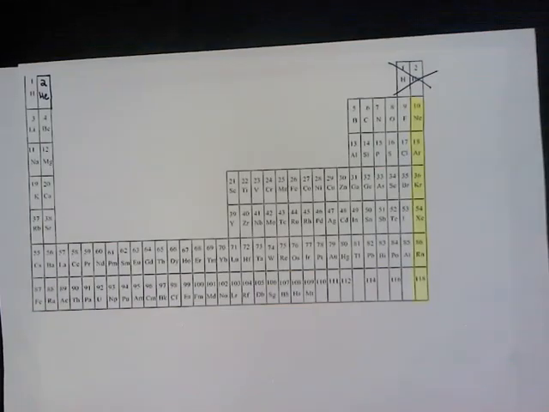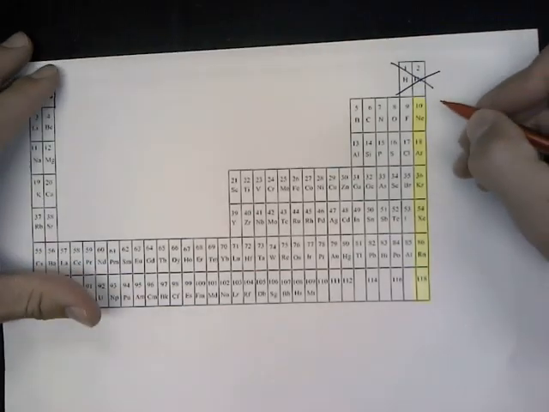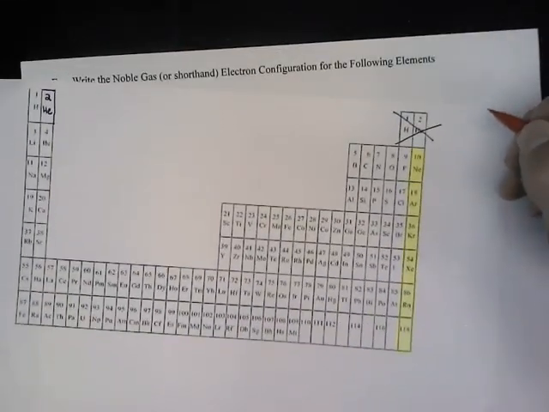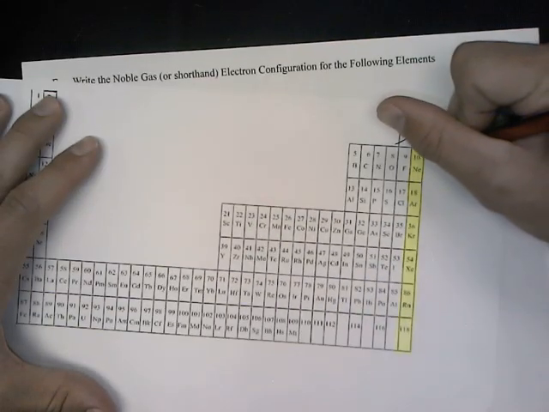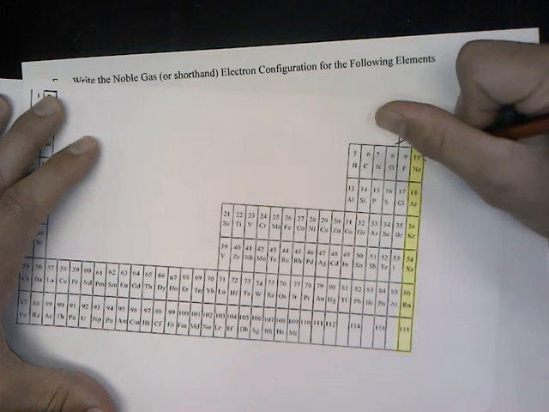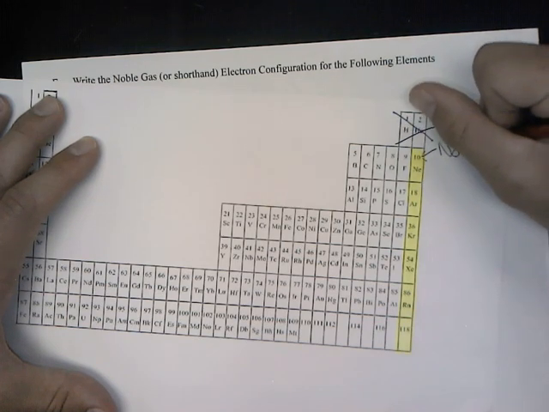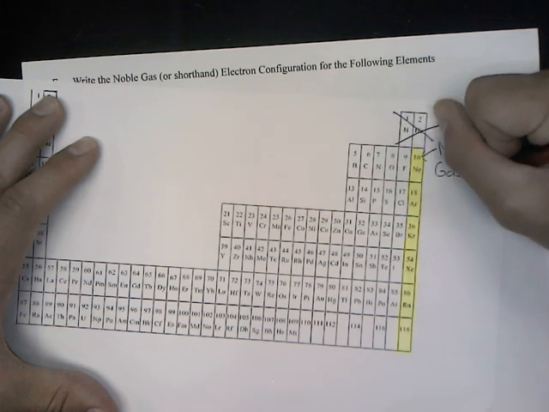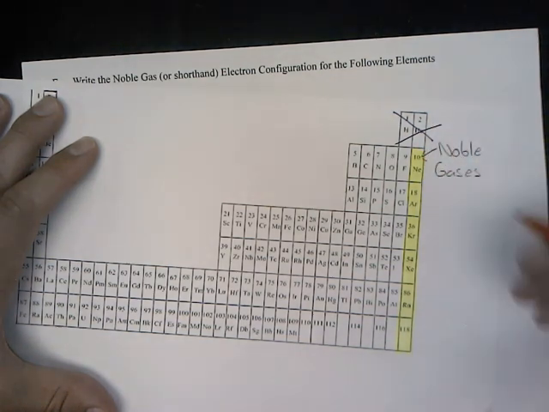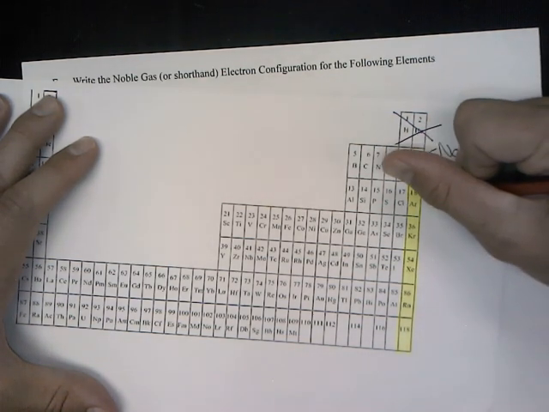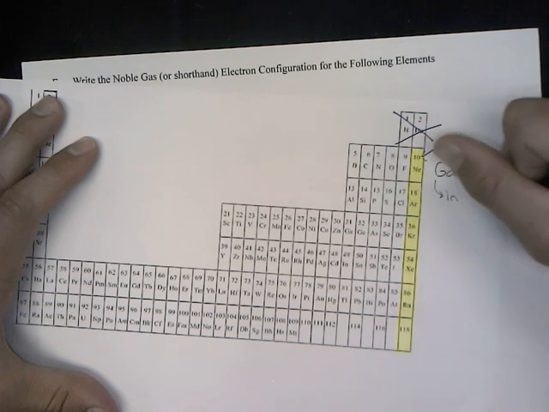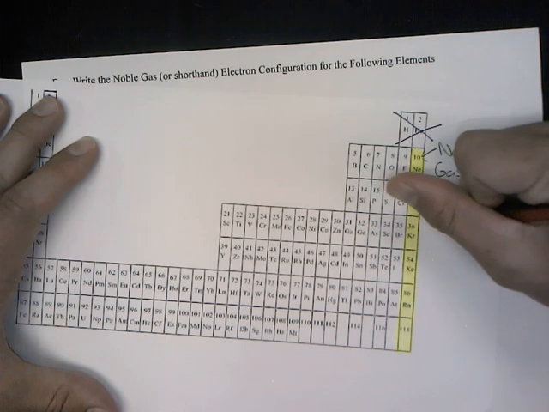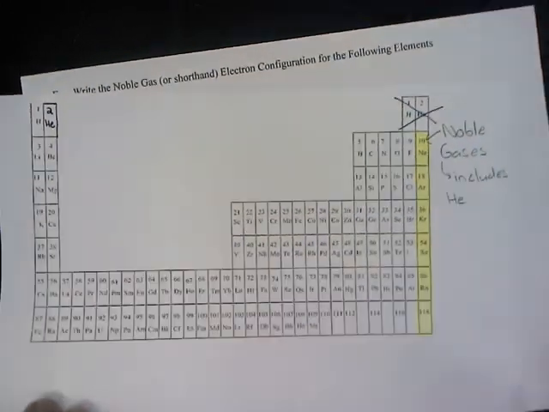This group or column on the right-hand side is known as the noble gases. Included in that, I'm going to put just a little arrow here, is He, or helium. Okay, so these are what we're going to use.